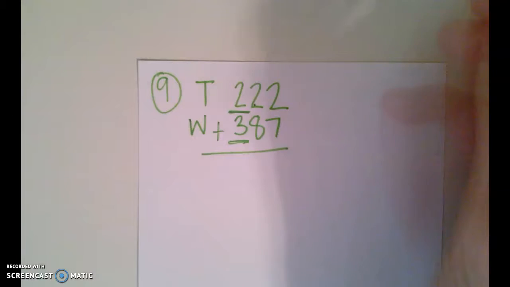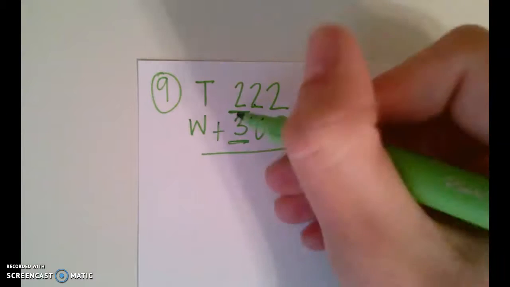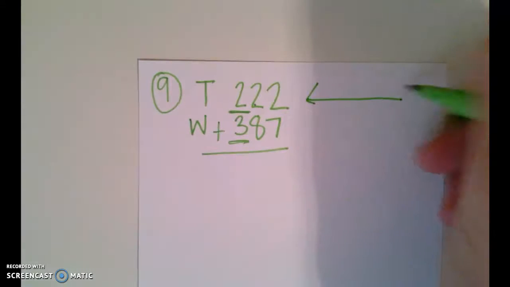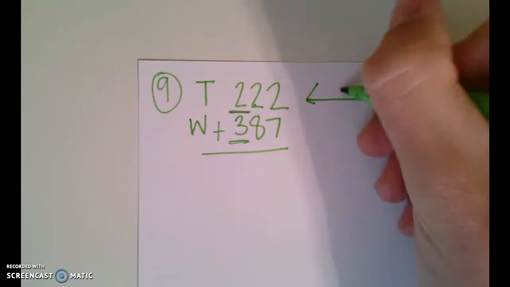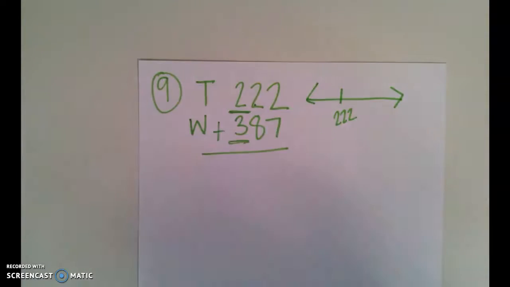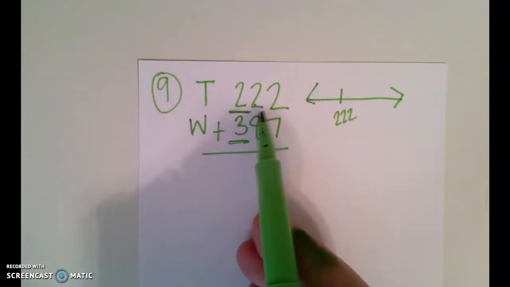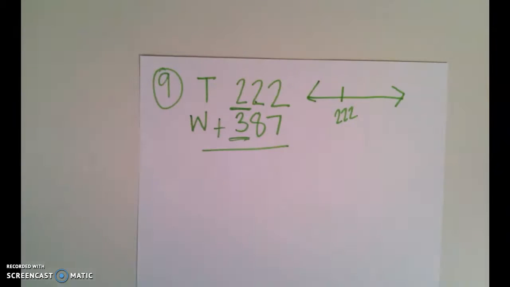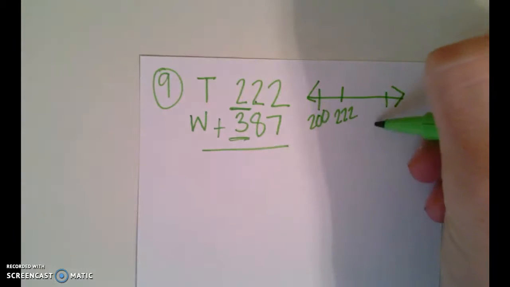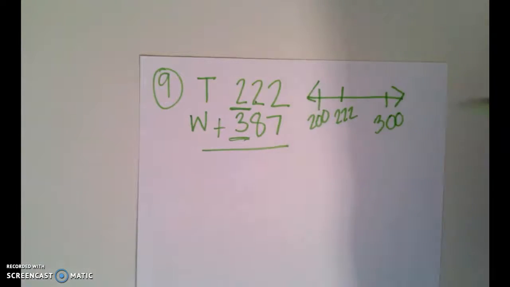Okay? So when I think about the number 222, and I put that number on a number line, what two hundreds, because I'm rounding to the nearest 100, not the nearest 10, what two hundreds is that number in between? 200 and 300.